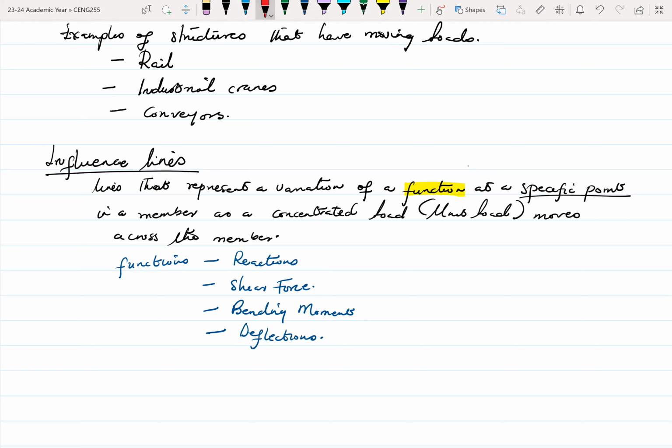So for now, we'll look at these three. We'll do the deflections next semester, where we'll look at statically indeterminate members, right? Like beams with so many supports here and there.